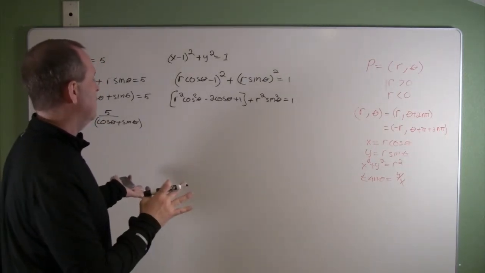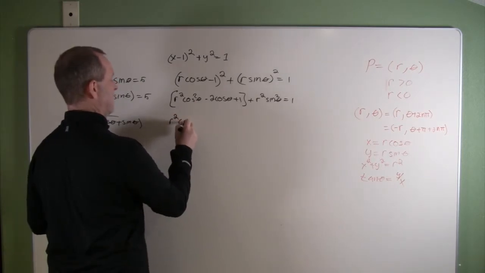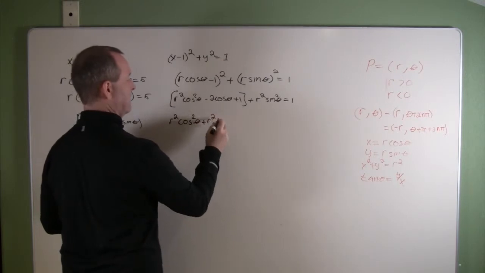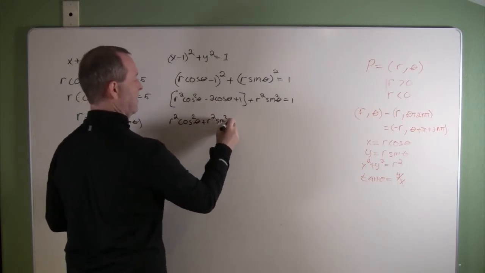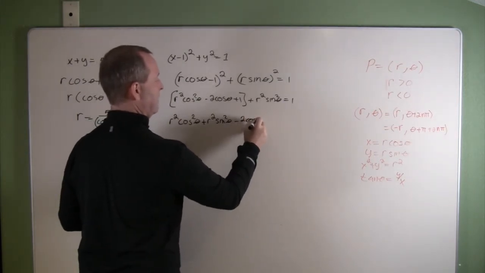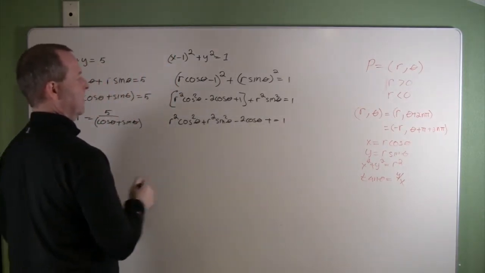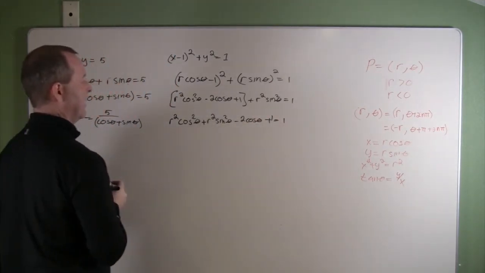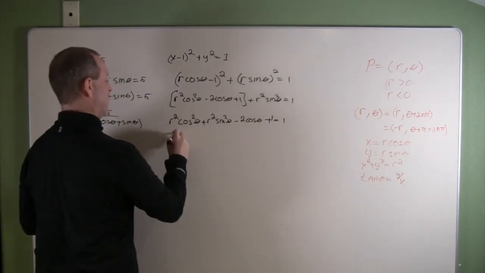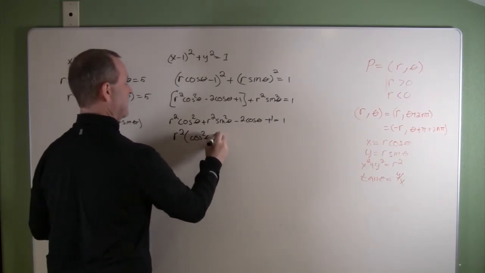Let's combine our terms a little bit. Let me put my r squareds over here. So I have r squared cosine squared theta plus r squared sine squared theta minus 2r cosine theta plus 1 equals 1. Let's factor out an r squared here. So r squared times (cosine squared theta plus sine squared theta).